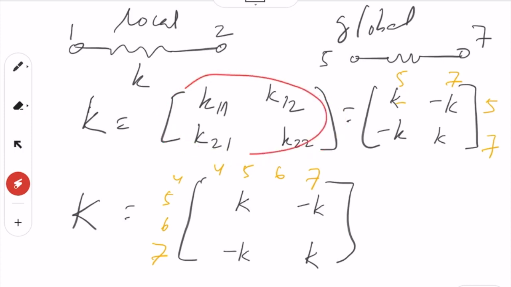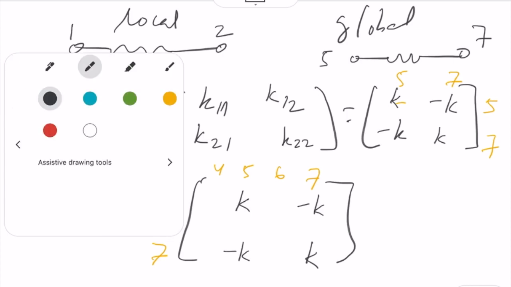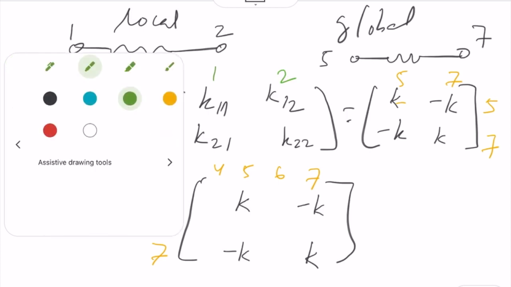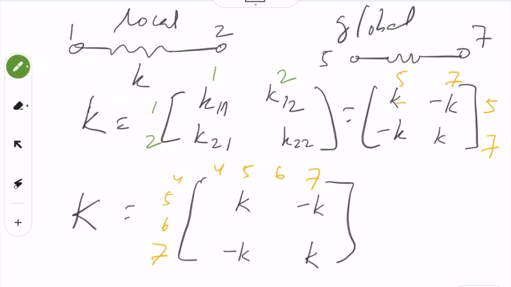So, you have a stiffness matrix written in local numbering. Local numbering is 1 and 2, and here you have global numbering 5 and 7. So, 1 corresponds to 5 and 2 corresponds to 7, and this is how you are transferring from local to global.